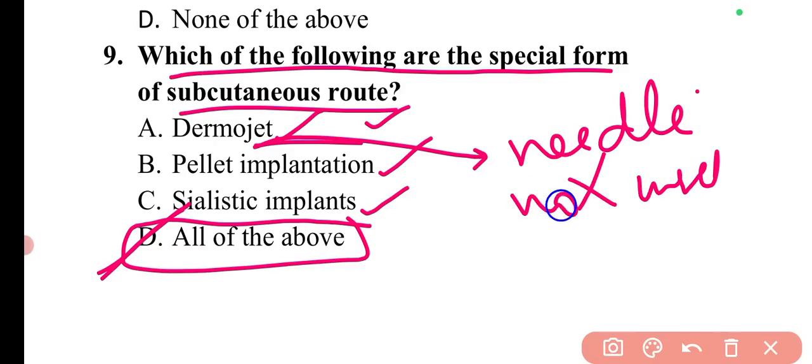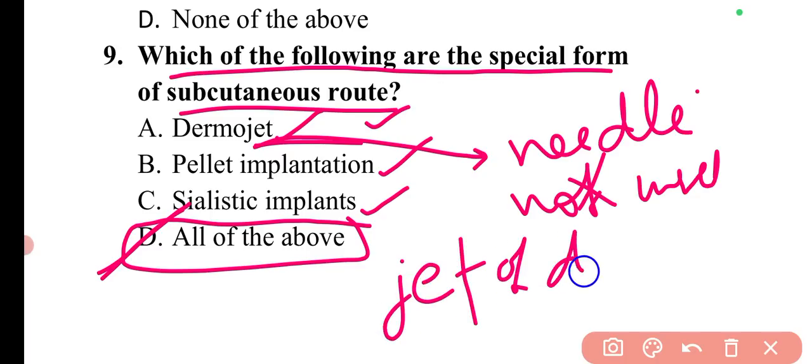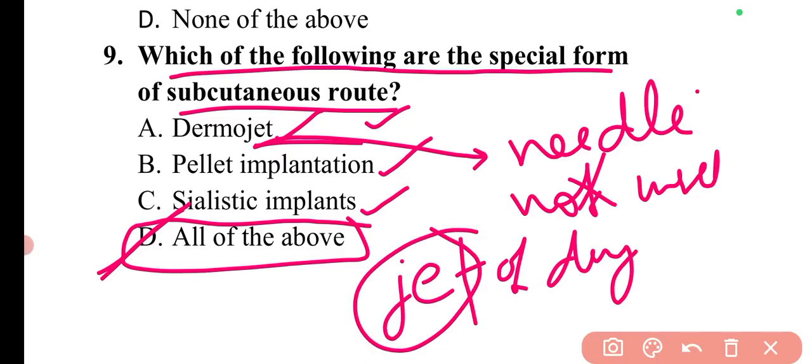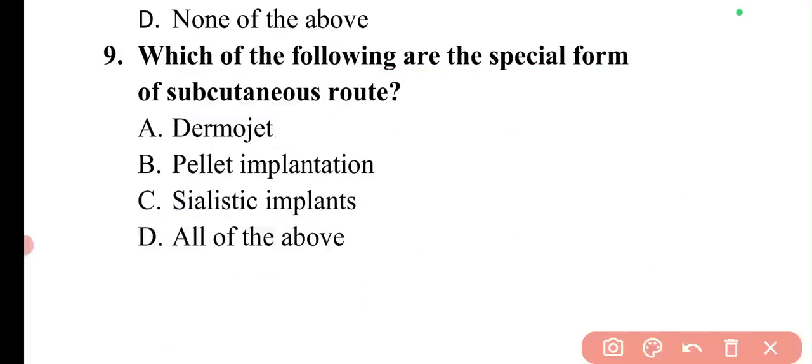Simply a high velocity jet of drug solution is projected from a microfine orifice. Means there is an orifice in that, and it is using a gun-like implement, so the drug is injected with a high velocity. So this is the dermojet.